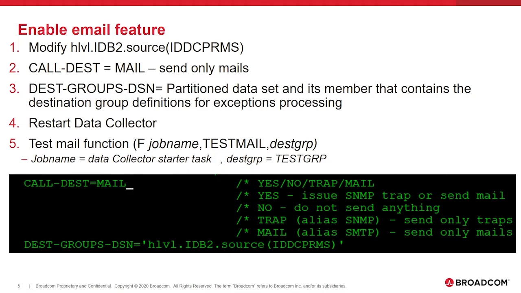Then set the CALL DEST parameter equal to MAIL. That means that the exception sends only a mail. And set the DEST GROUP's DSN parameter equal to the partitioned dataset that contains the destination group definition.